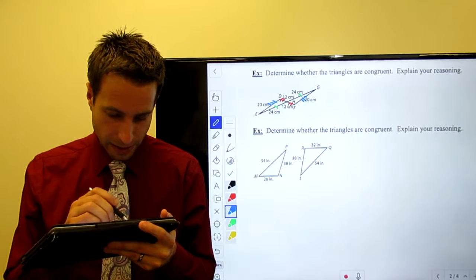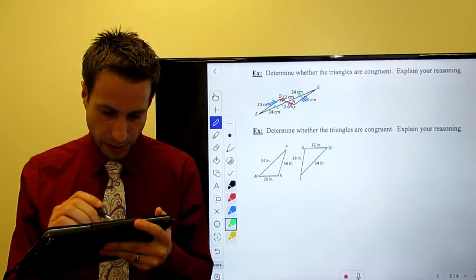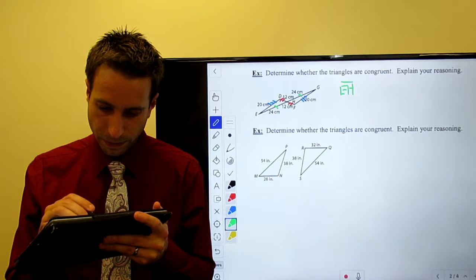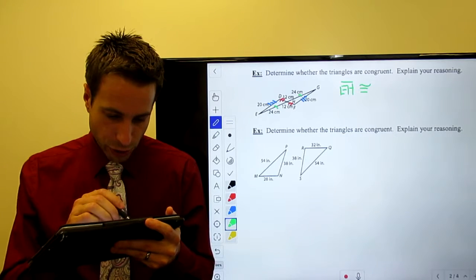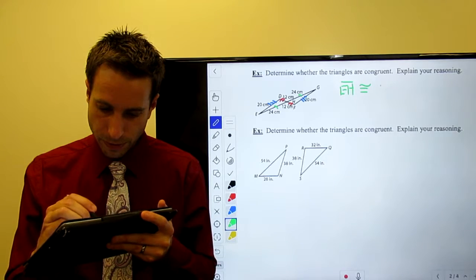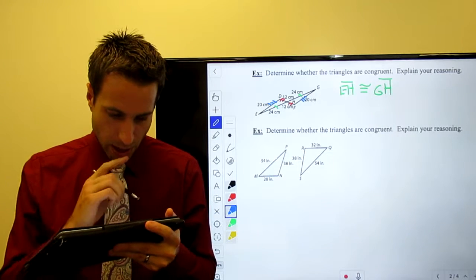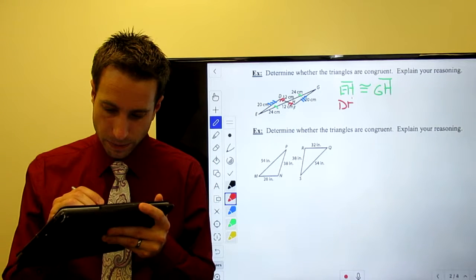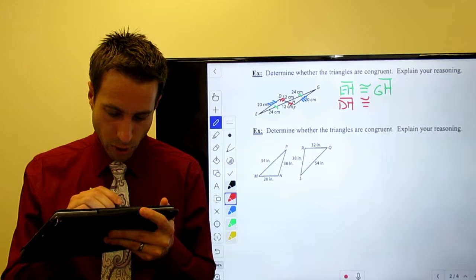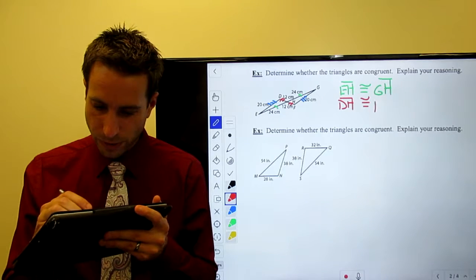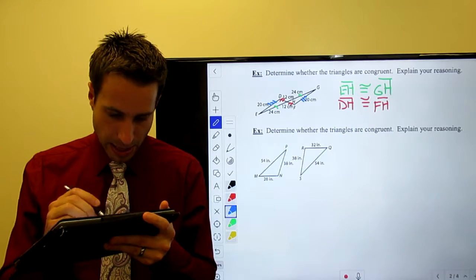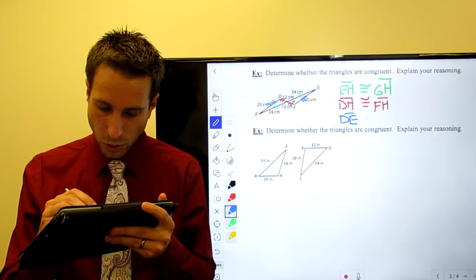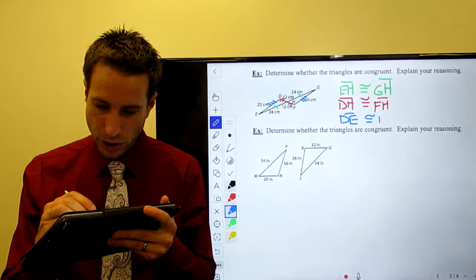So let me write that out for us here. Side EH corresponds to GH. In the red, I have DH corresponds to FH, and I have DE corresponds to FG.